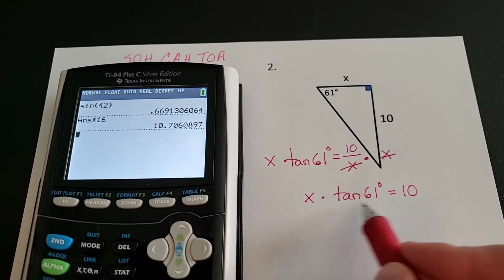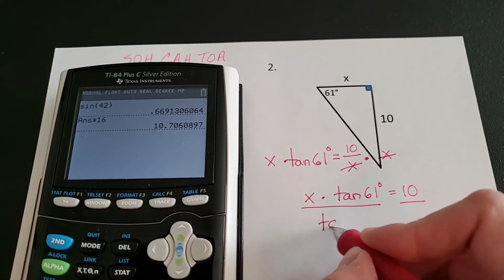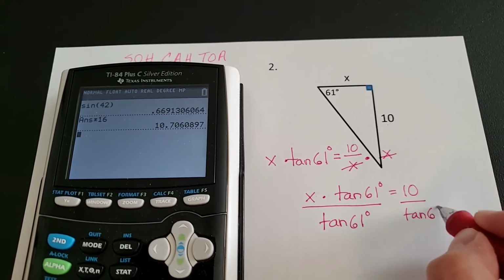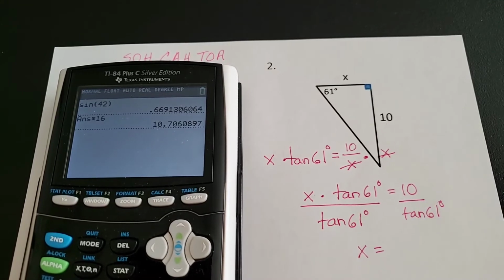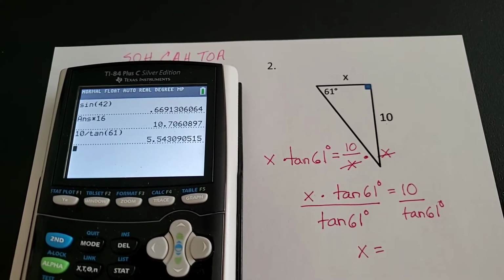Then I can put that in my calculator now, or I could just divide both sides by the tangent of 61 degrees. So x is equal to 10 divided by the tangent of 61, and I can do that on my calculator. 10 divided by the tangent of 61. It is still in degree mode.